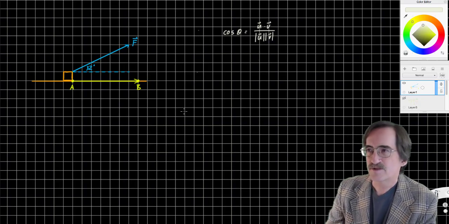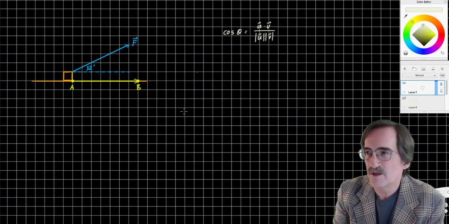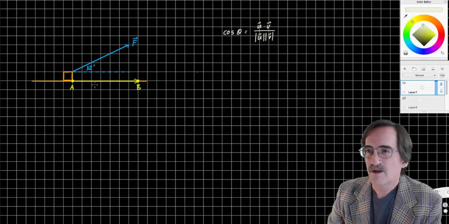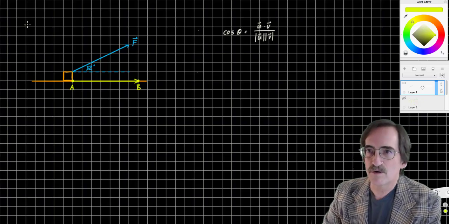Okay, and so we can use the arc cosine function to find the angle, and that works for angles between 0 and 180 degrees. Okay, the application is in regards to something called work.